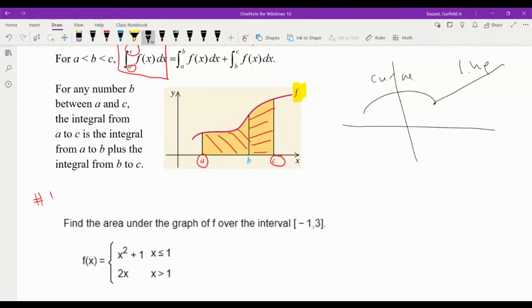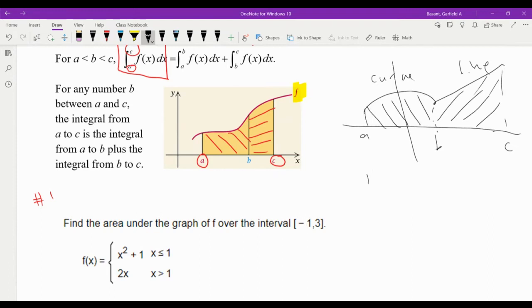So you cannot integrate directly from A to C on a function like this because there are two different functions. You have to split it into two parts, from A to B and then from B to C, to get the total area.